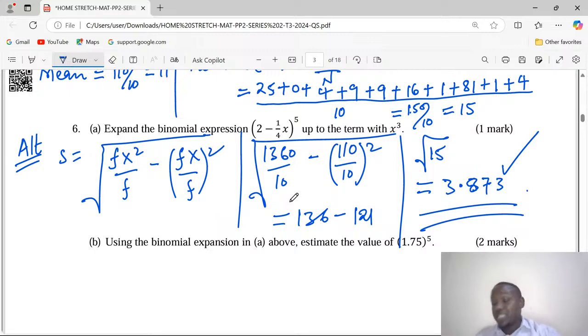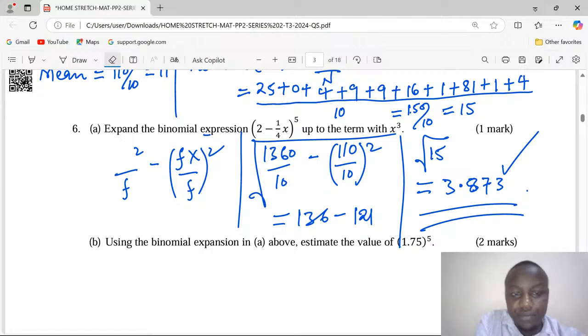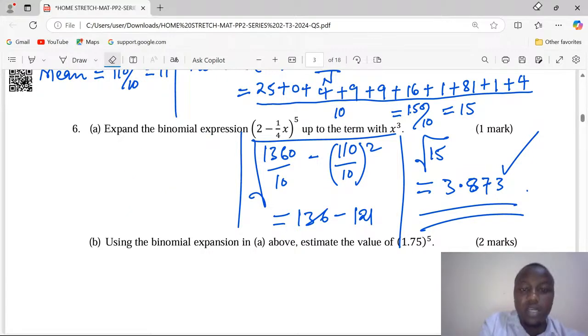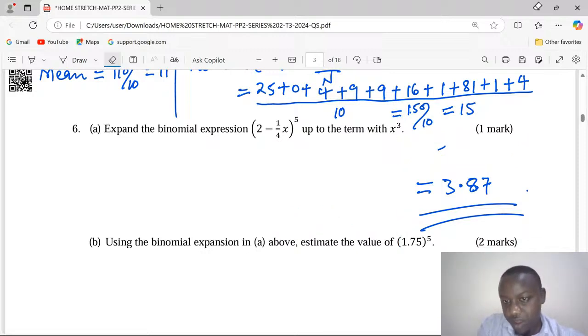We can now look at another problem there, which is on binomial expressions and equations. Binomial expressions. Number 6, part A. Expand the binomial expression 2 minus a quarter x raised to power 5 up to the term with x power 3.